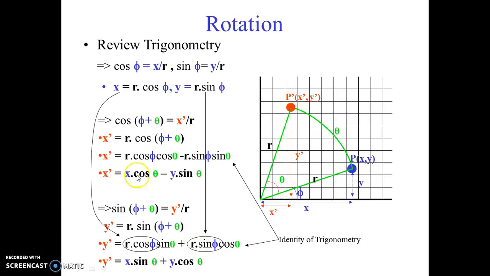So our equation actually changes. R cos phi, we put x, so it becomes x cos theta minus r sin phi is replaced by y sin theta. Similarly here it becomes x sin theta plus y cos theta.